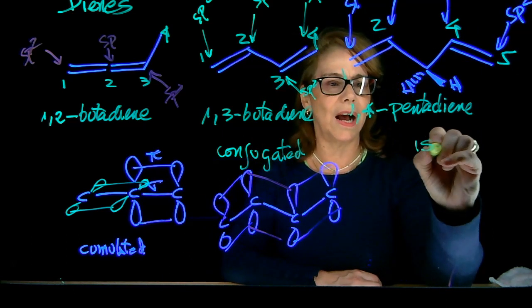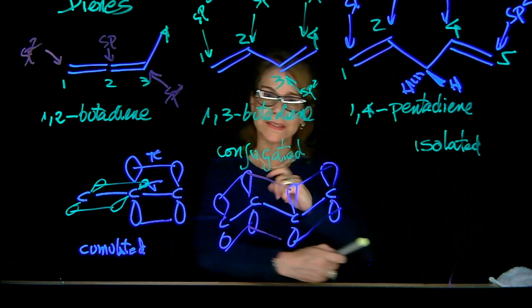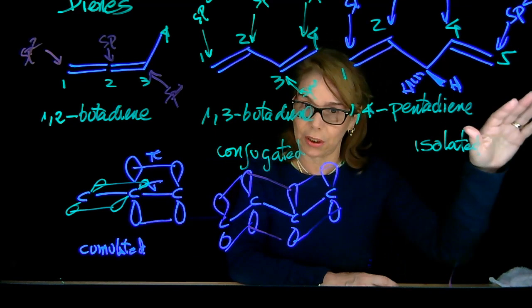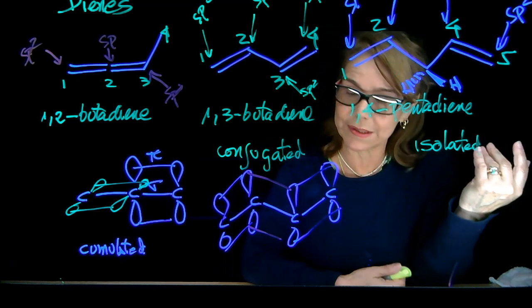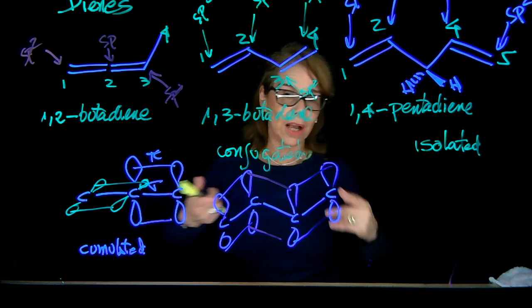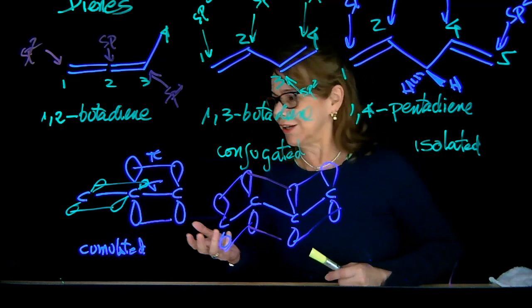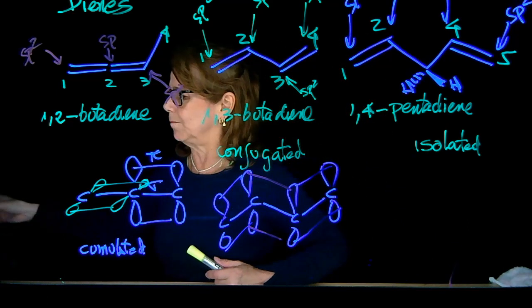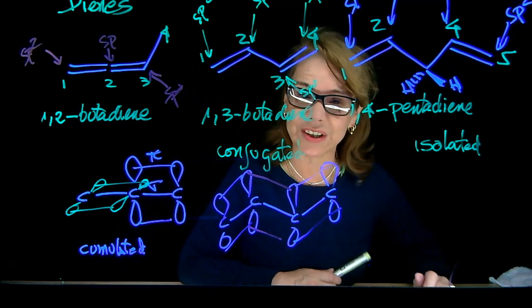So they are isolated. And in terms of stabilization, whenever we can have electron delocalization, we will have a more stable molecule, a more stable system. So that is a concept we need to use when we are solving problems. And also in regards to the heat of hydrogenation.